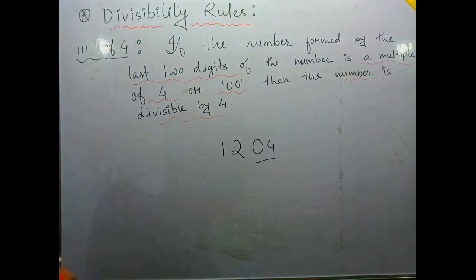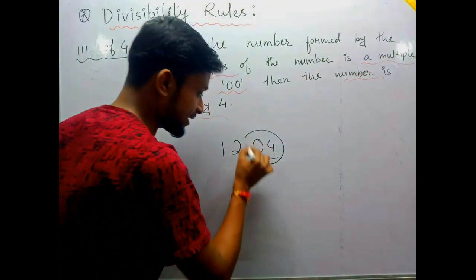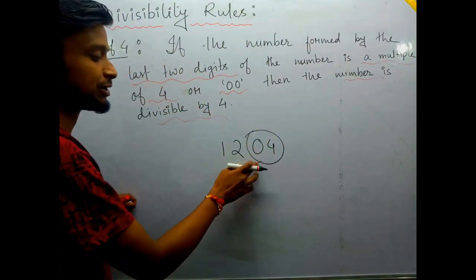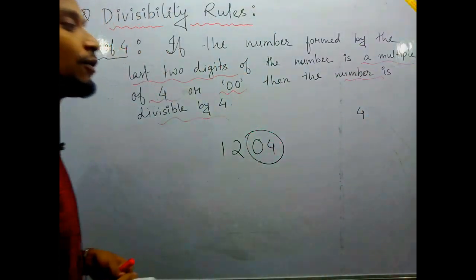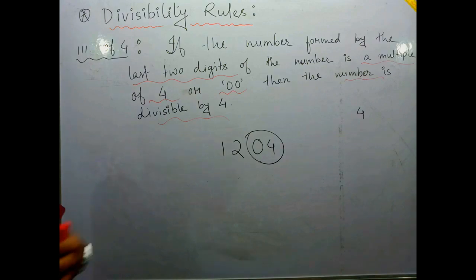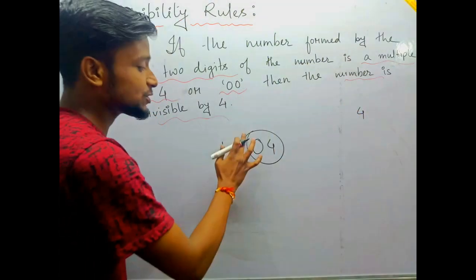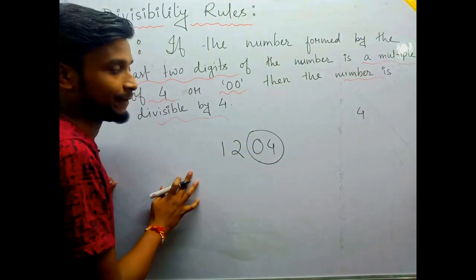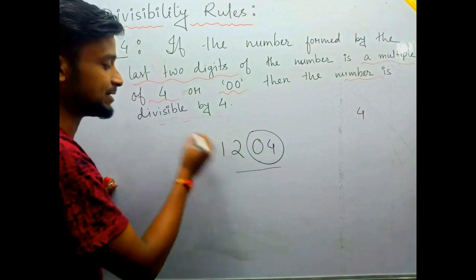That means 4. Now see, these last two digits are divisible by 4. 0 4 means 4 only, so 4 is a multiple of 4 itself. If the last two digits are a multiple of 4, then the whole number will be divisible by 4.